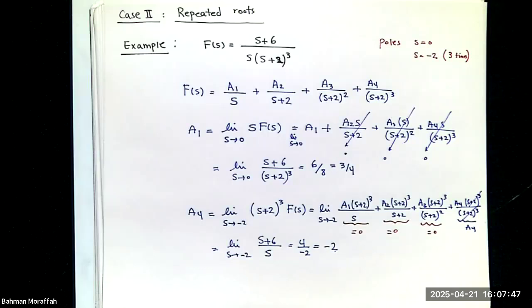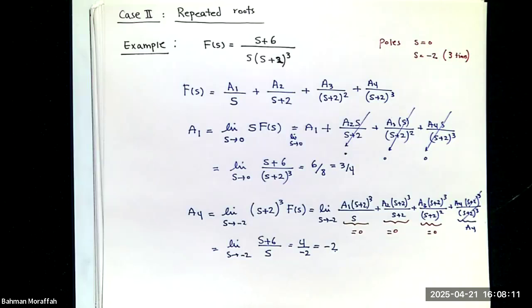These two are not that bad. I'm left with a2 and a3. I've got to be able to find them. Remember, the issue here is that if I multiply this by anything like s plus 2 to the power of 3 or s plus 2 to the power of 1, I'm going to end up getting s plus 2 on the denominator.